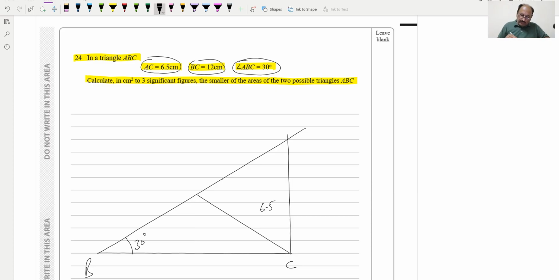So this is the angle which we don't have this side.